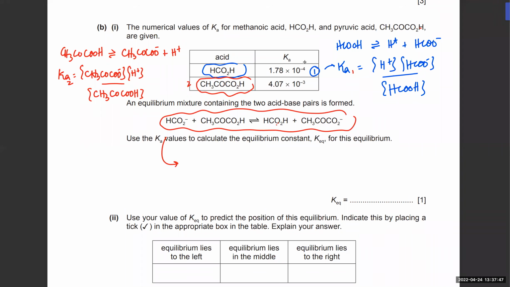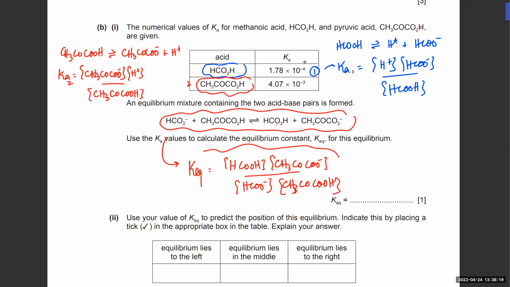So if I write the expression for equilibrium constant, it's going to be product concentration, HCOOH concentration, into the other product, which is CH3COO minus 1 concentration, divided by the reactants, HCOO minus 1 concentration and CH3COOH. So they're asking you to give a value of this, and they didn't even tell you that you're going to use those values.